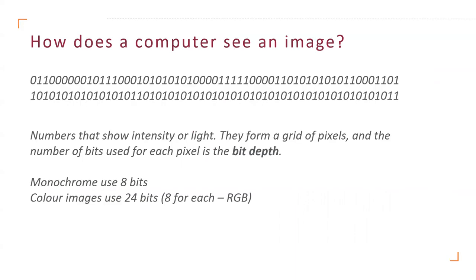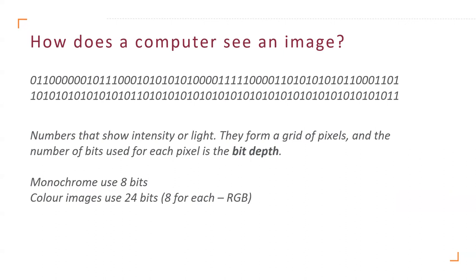Now, since we are going to talk about image steganography mostly, let's understand some concepts regarding images. How does a computer see an image? It's just strings of zeros and ones. That's all the computer knows. This binary string represents numbers, and those numbers show the intensity of light. They form a grid of pixels, and the number of bits used for each pixel is the bit depth.